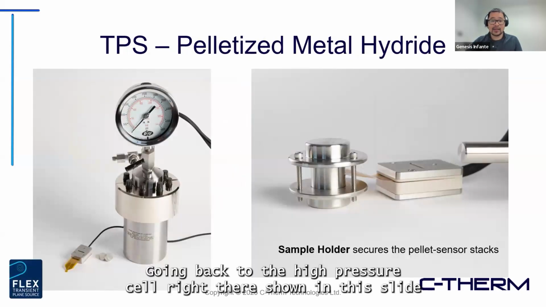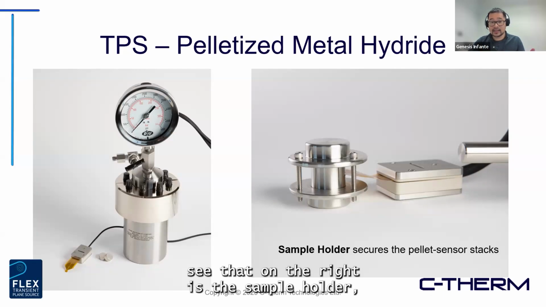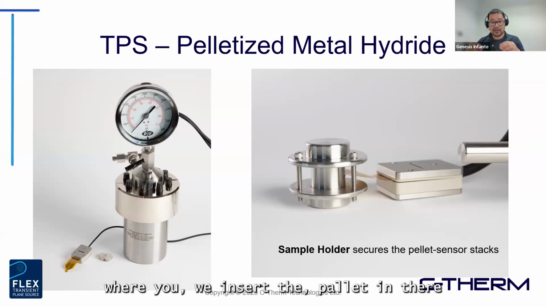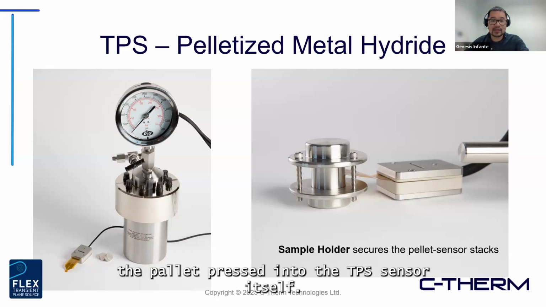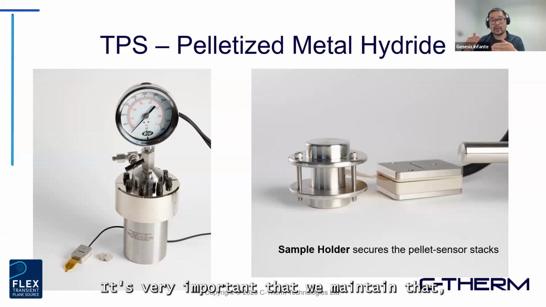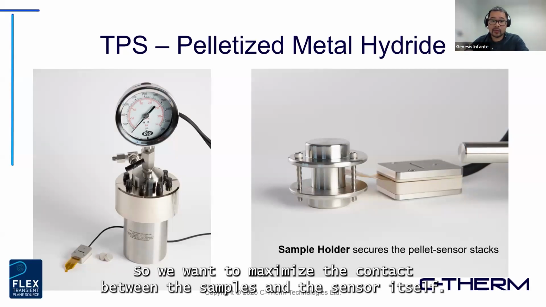Coming back to the high pressure cell, shown in this slide on the left is the pressure cell and the associated TPS sensor. On the right is the sample holder where we insert the pellet, and you'll have a spring-loaded force keeping the pellet pressed into the TPS sensor itself. It's very important that we maintain that compression on the stack, so we want to maximize the contact between the samples and the sensor.